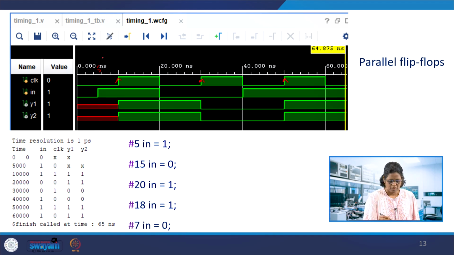After that it is made at 15, so 5 plus 15 is 20, at 20 it is going to be 0, and then after 20 nanoseconds, that is 40, it becomes 1, and after that it is 40 plus 18, 58, it will be again 1, so it is maintaining here. After 7 of this 58, then it goes to 0, which is not shown over here.